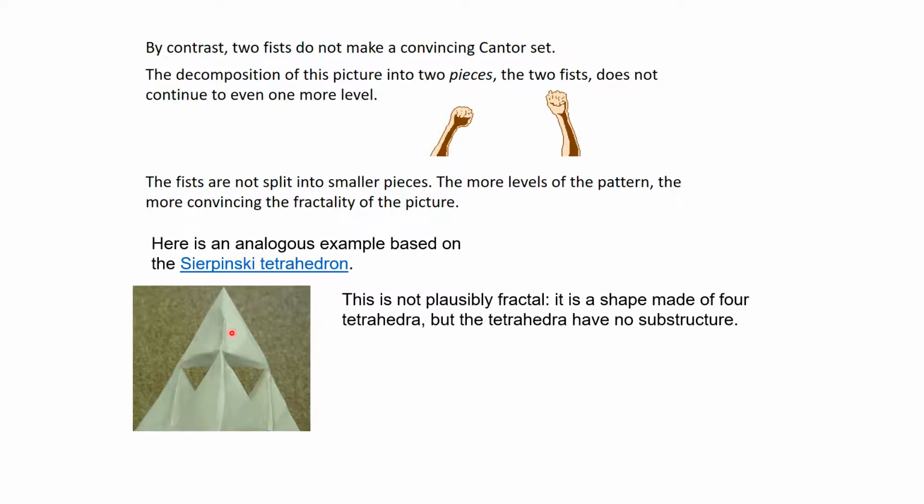So there are 2 levels. It may look like a fractal, but it's only 2 levels. It is a shape made of 4 tetrahedrons, but the individual tetrahedrons do not have any substructure. In a fractal picture, each part of the picture should have a substructure within that particular part.